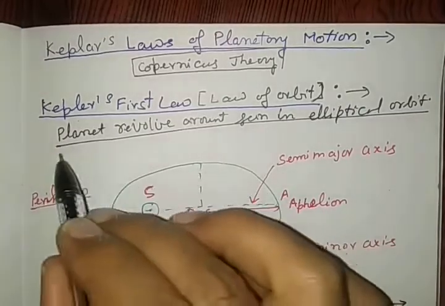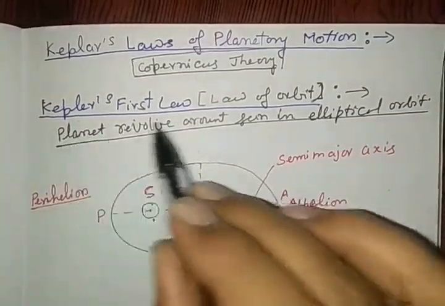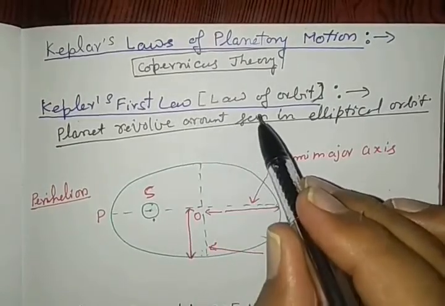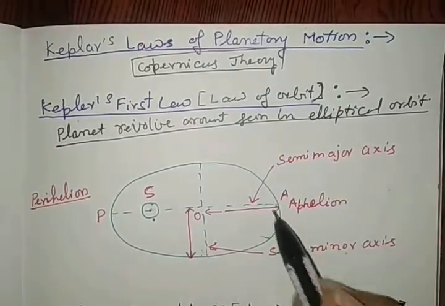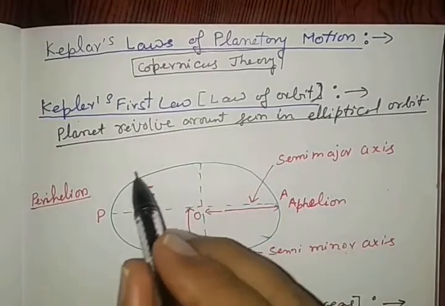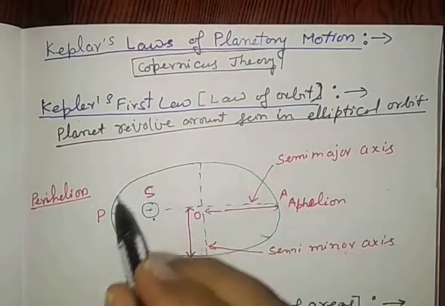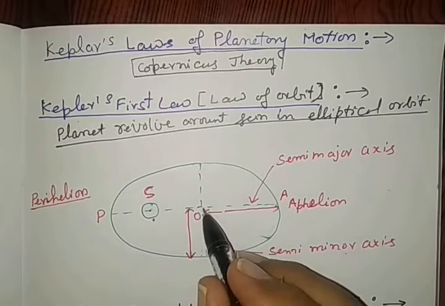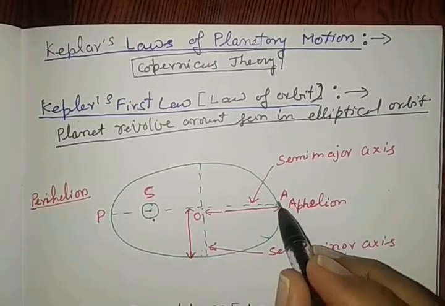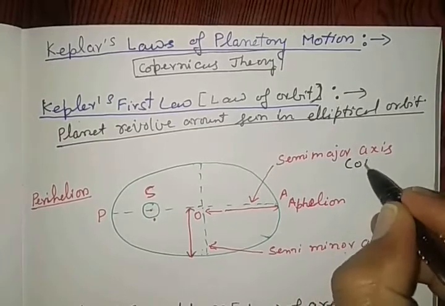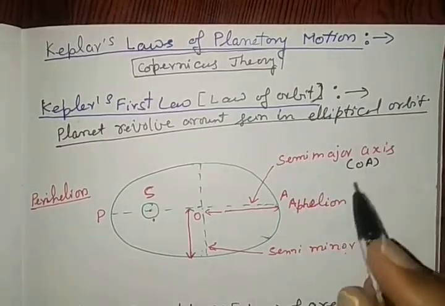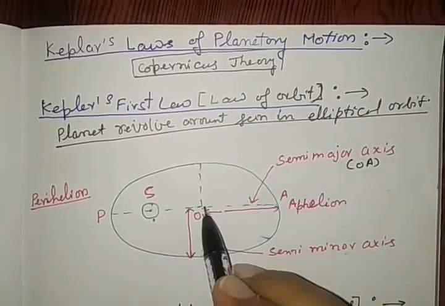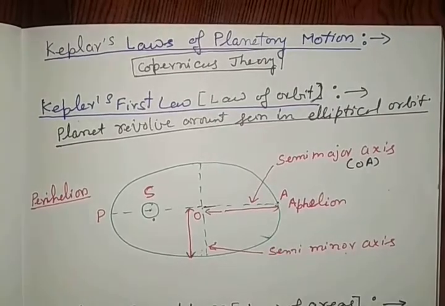Right? So to understand the first law of Kepler, which is also called the law of orbit, a diagram of an ellipse is given here, in which the distance OA is called the semi-major axis, right?